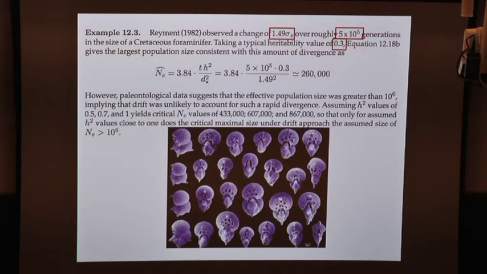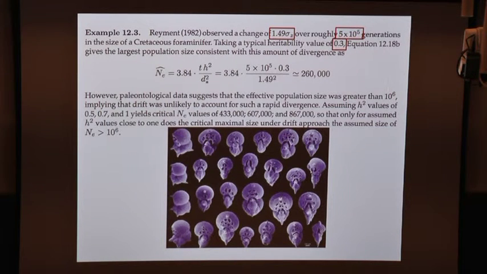The nice thing about this, even though we don't know the heritability, is heritabilities typically fall between about 0.2 and about 0.5 or 0.6. You don't typically have heritabilities near 1. A low heritability here doesn't help you because the lower your heritability, the less likely drift is. So when you do this, paleontological data suggests that the effective population size is bigger than 500,000.